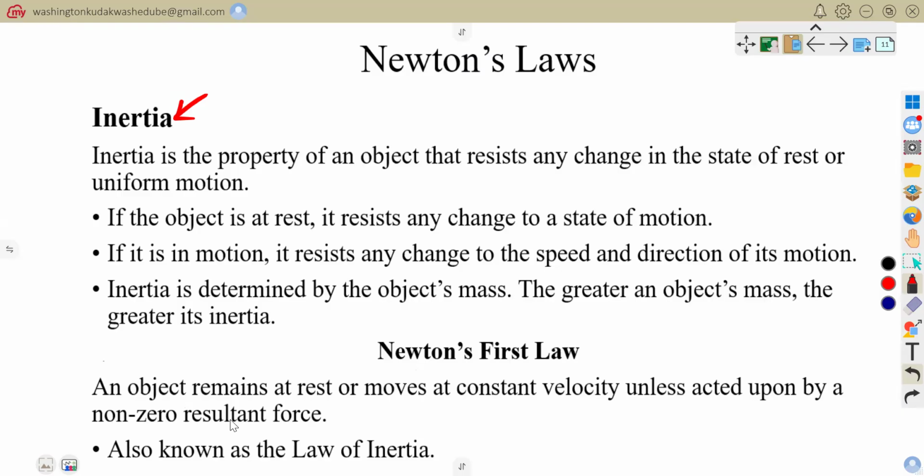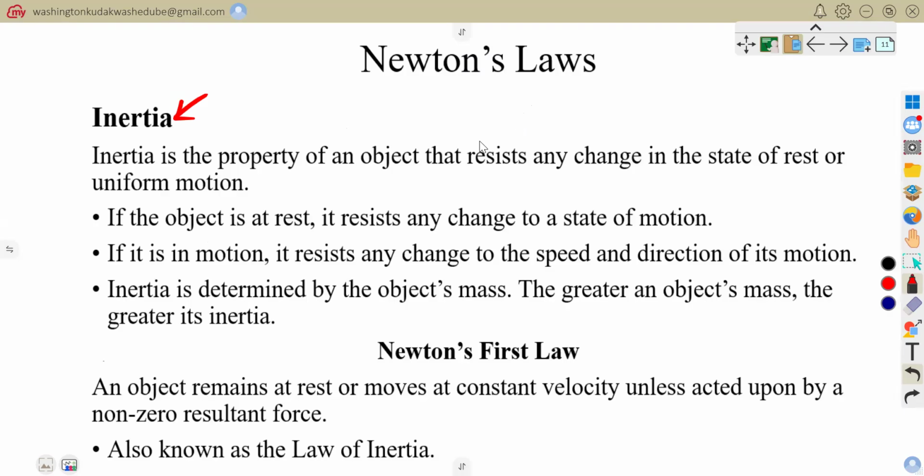So we are saying that this is the property that defines Newton's law, and this is the property that actually causes the object to continue moving in a car even though the car was suddenly braked and has come to a halt or a stop.